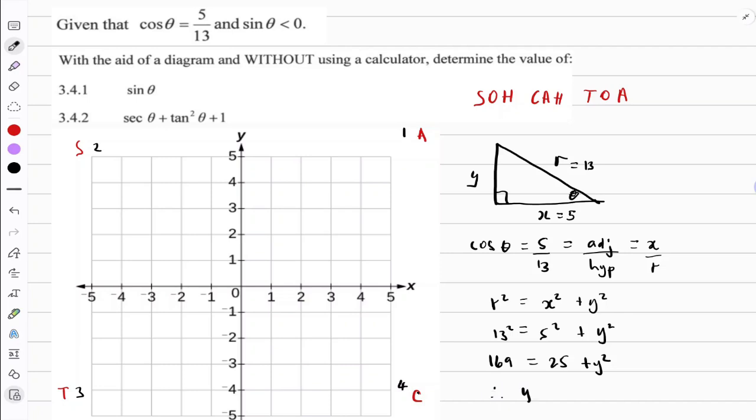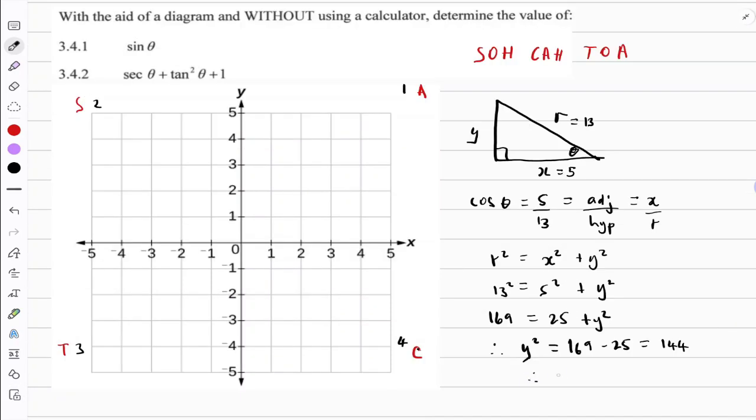Therefore, y squared is equal to 169 minus 25, which is equal to 144. Therefore, y should be equal to plus minus square root of 144, which is equal to plus minus 12.